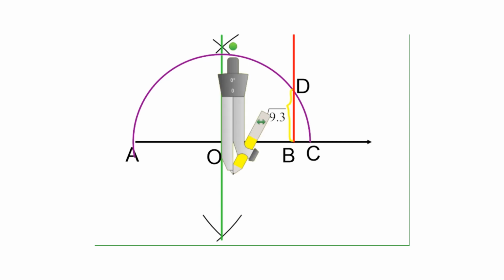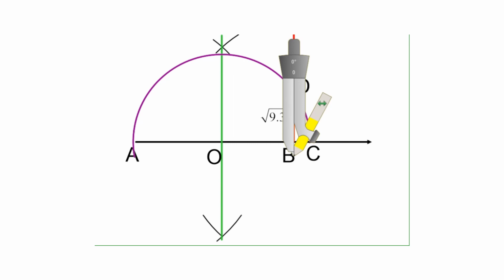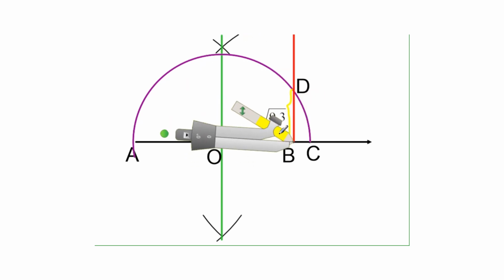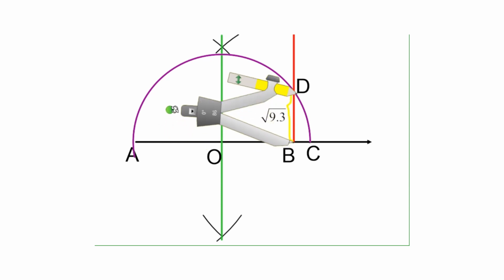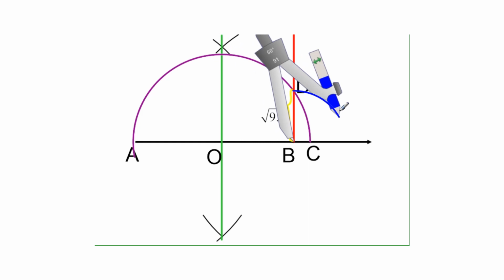We will draw one arc. This BD distance is root 9.3, and it should be on the number line. So we will take this BD distance, in any other color to draw this one. Now see.